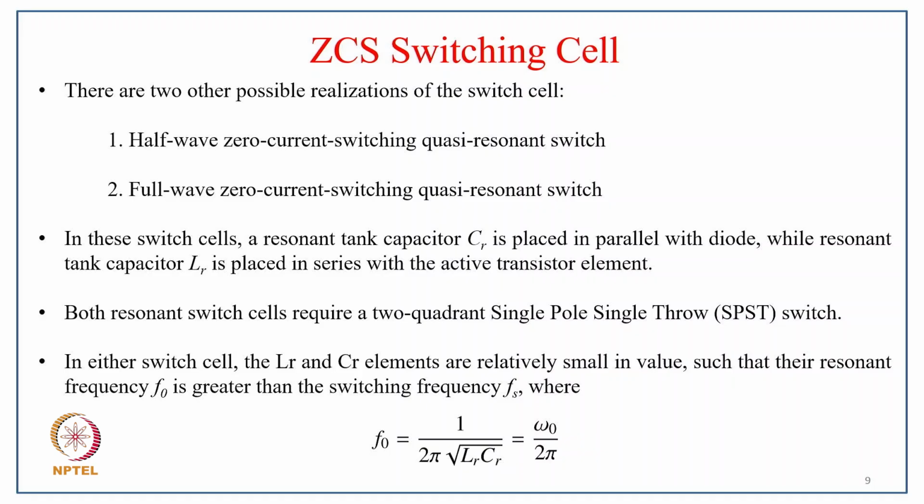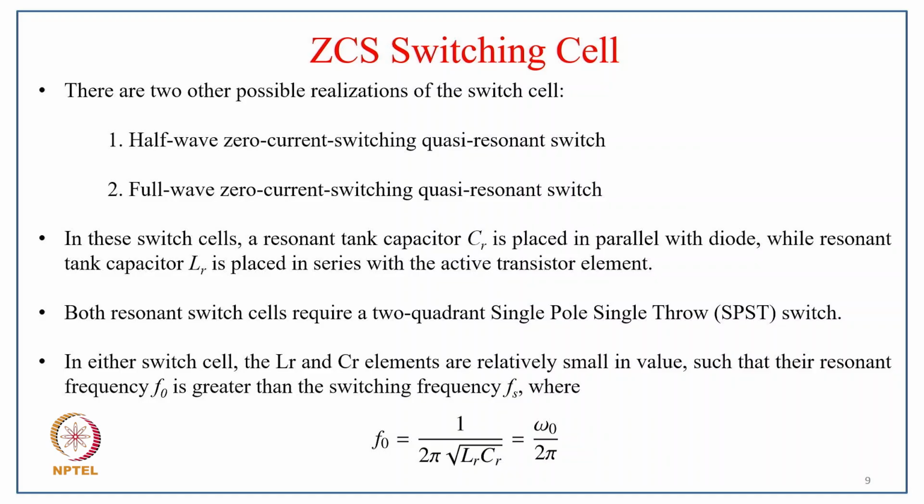So there are two types of possible realization of the zero current switching cell: the half wave zero current switching quasi-resonant switch, and the full wave zero current switching quasi-resonant switch. In this switch cell, the resonant tank capacitor CR is placed in parallel with the diode, while the resonant tank LR is placed in series with the active transistor element.